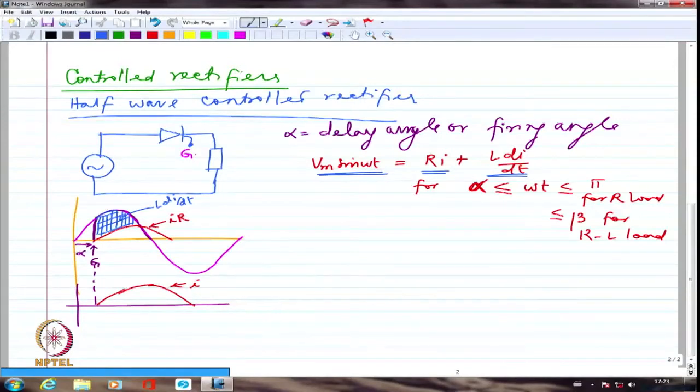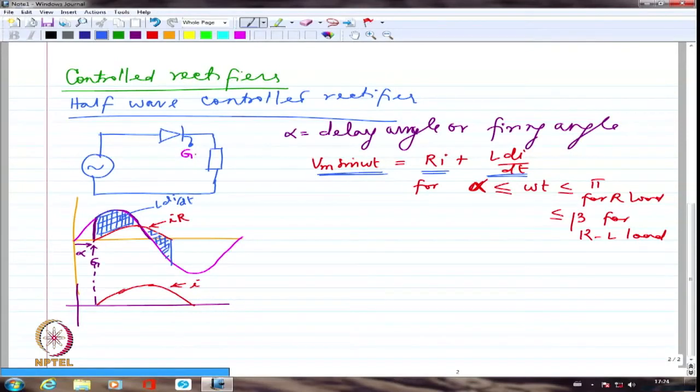It will be reversed, yes. See, if I am writing Vm sin omega t, it is still Vm sin omega t, only thing is omega t is now greater than pi, so automatically it becomes negative. I don't have to reverse it forcefully, right? After this, IR is somewhere here. The difference between IR and Vm sin omega t happens to be the VL value, which is in the negative direction now.